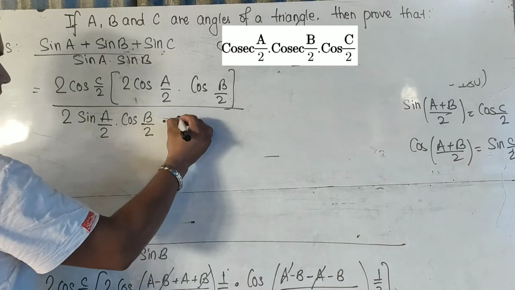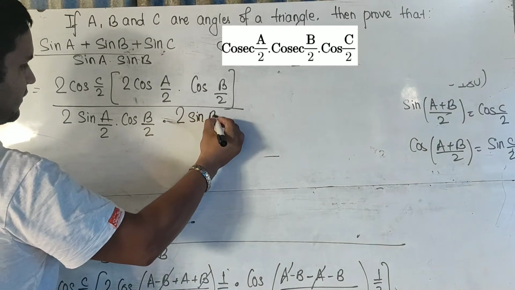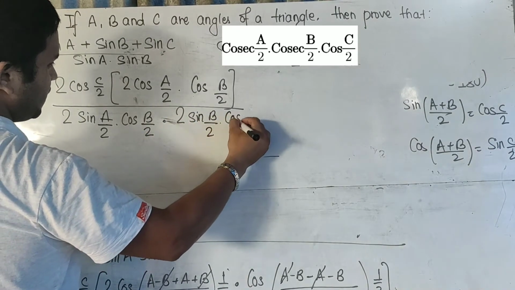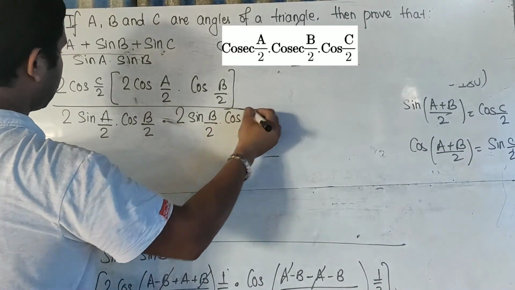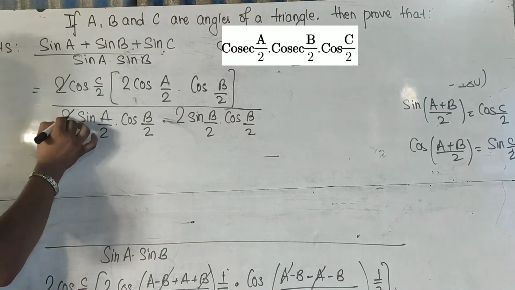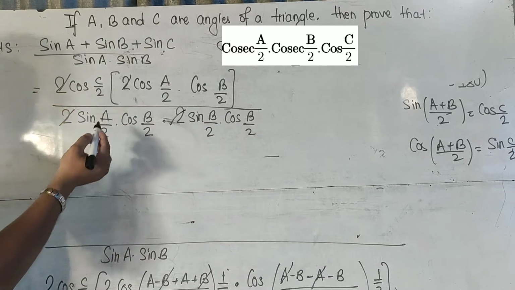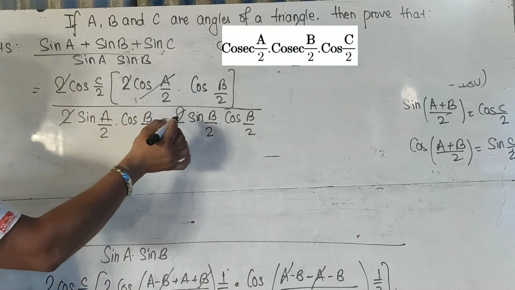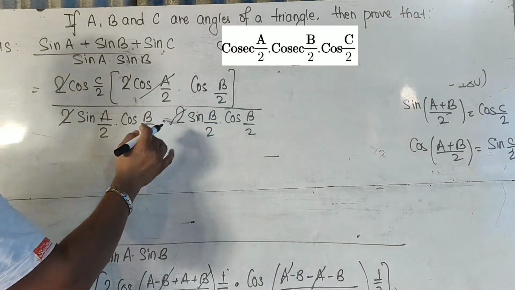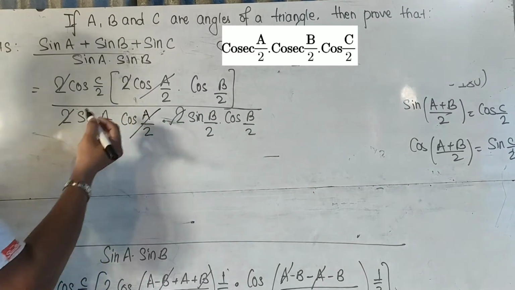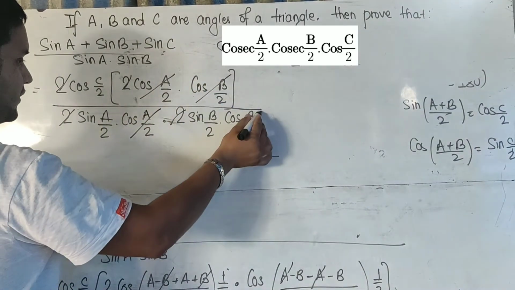In the case of sin B, you can write 2 sin(B/2) dot cos(B/2). Now you can cancel the terms. You can cancel this 2 and 2, you can also cancel this 2 and this 2. You can also cancel cos(A/2) and cos(A/2). You can also cancel cos(B/2) and cos(B/2).